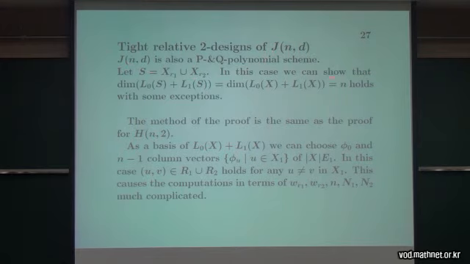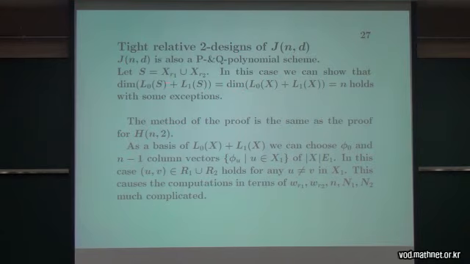Now we consider tight relative 2 designs of the Johnson scheme. The Johnson scheme is also a P and Q polynomial scheme, but slightly different.